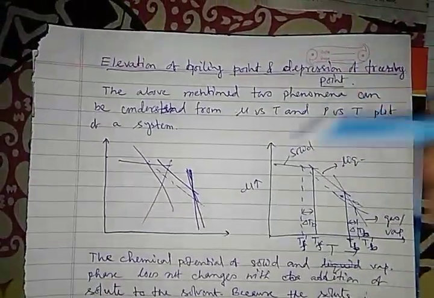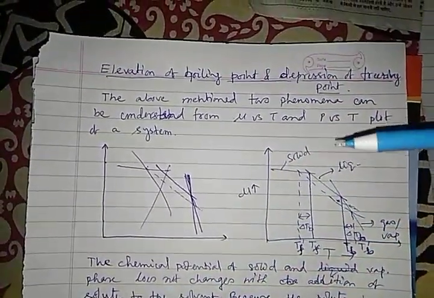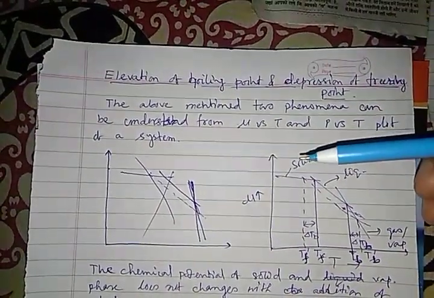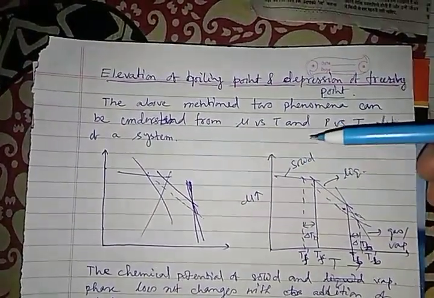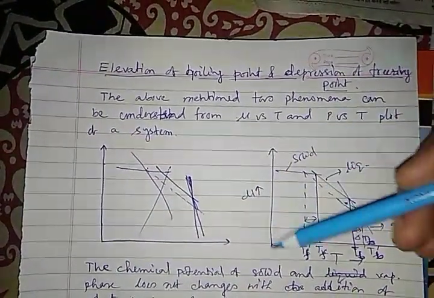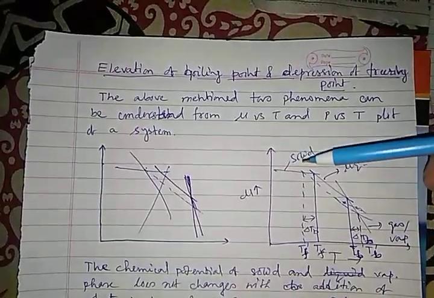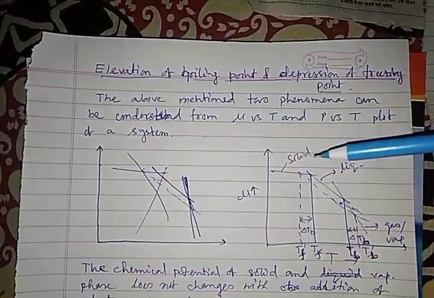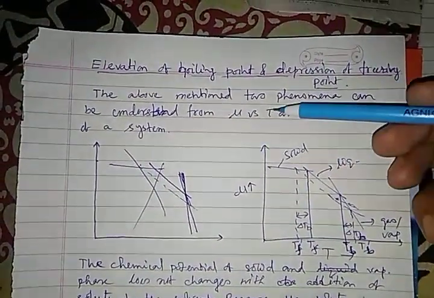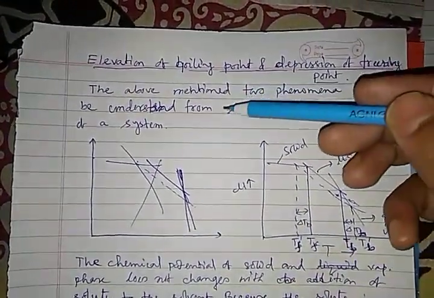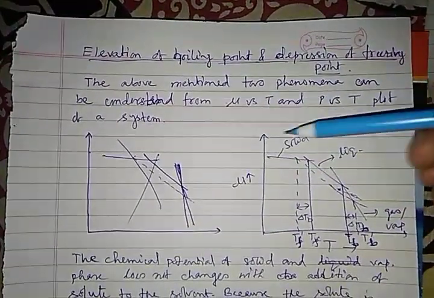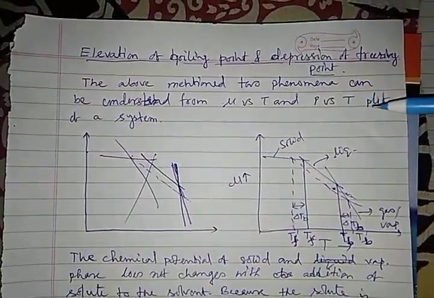Now we are going to discuss why the boiling point increases and the freezing point decreases in the presence of a non-volatile solute in a solution, because the boiling point of a pure solvent is less than the boiling point of the solution. This can be presented in two ways. Number one is you can use a mu versus T plot, that is chemical potential versus T plot, and a P versus T plot.